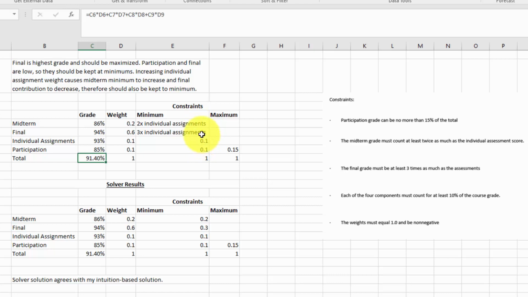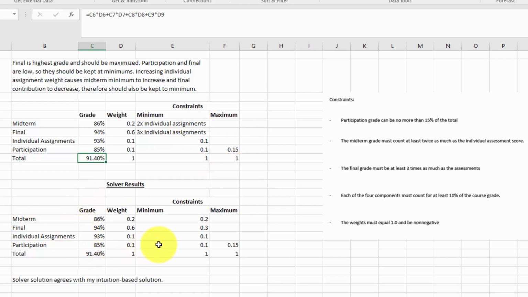Same thing for the final. If the final is 3 times the individual, and the individual has to be at least 10%, then the final has to be at least 3 times that 10%. So you don't need to put the 10% constraint on these two. So that's one way to think about these constraints.